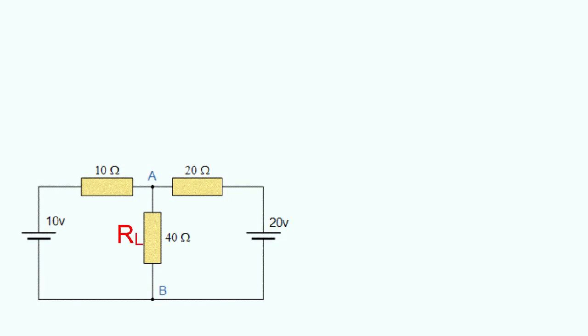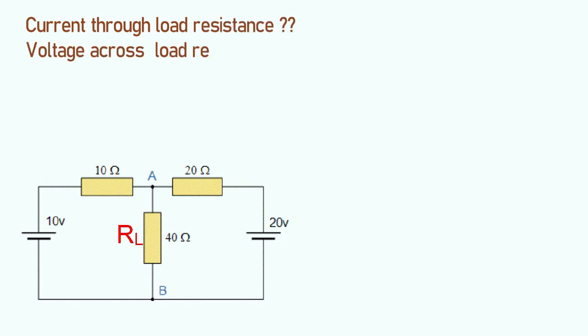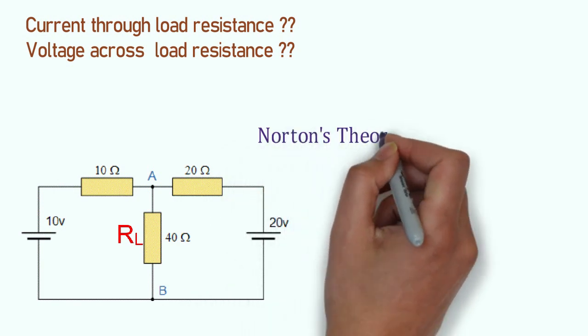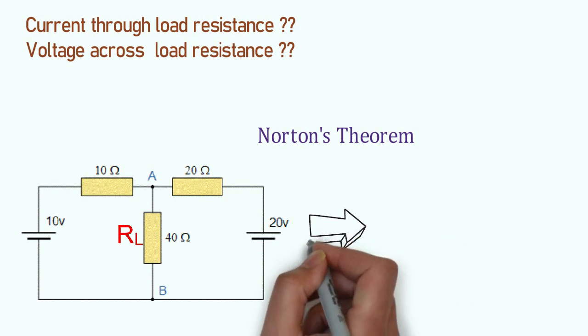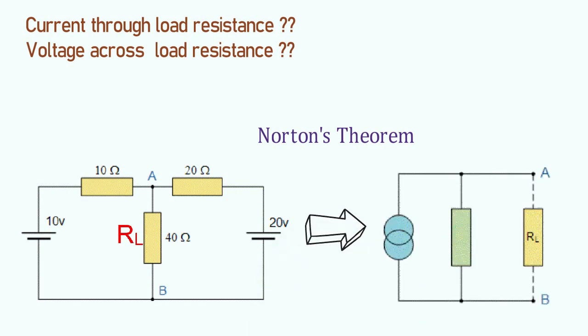Suppose I need to find the current and voltage across this load resistance. For solving this circuit, plenty of methods can be used, but here we are going to use Norton's theorem. Friends, by using this theorem, we will be able to convert this two-loop circuit into a simple circuit having only one equivalent current source and one equivalent resistance.